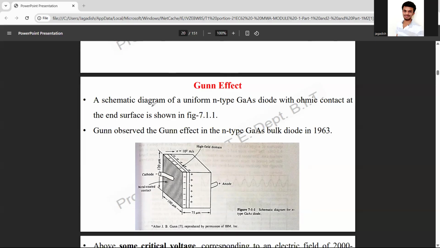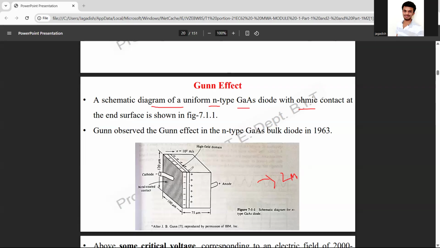A schematic diagram of a uniform N-type gallium arsenide diode with ohmic contact is shown in the figure. You have to draw this figure. The diagram carries 2 or 3 marks. So this diagram you have to draw, using a proper scale.